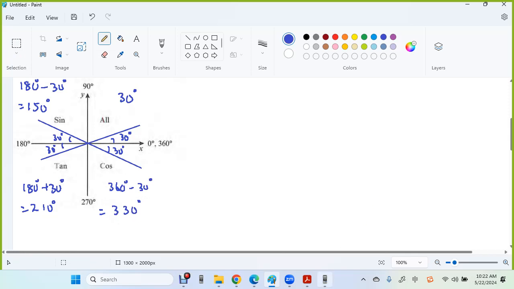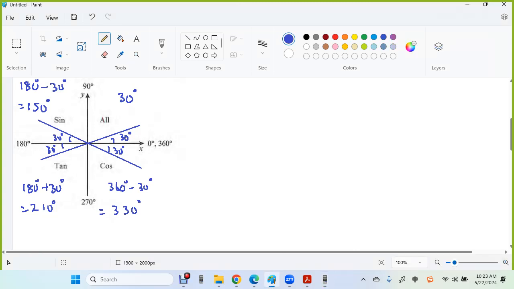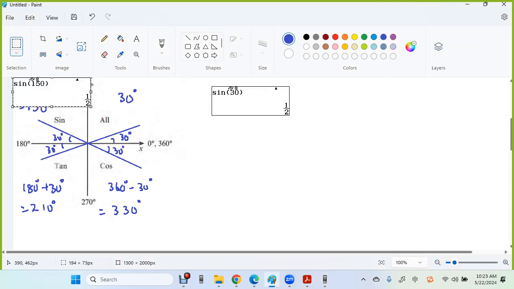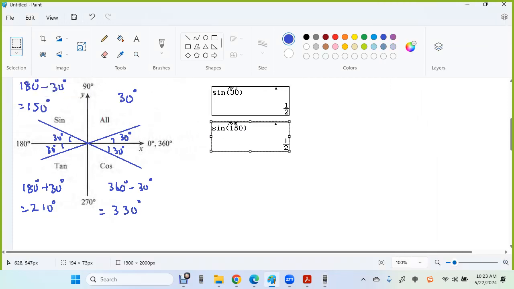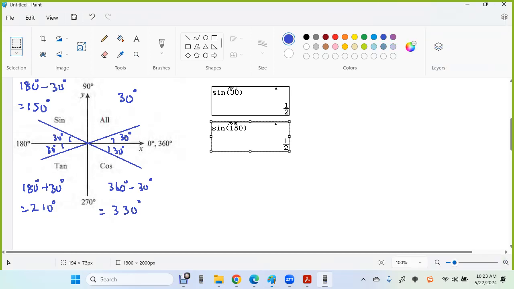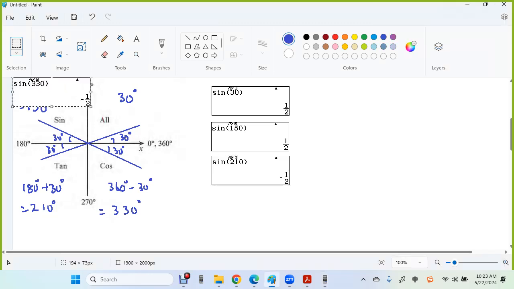So we use the calculator to calculate sine 30. We have half, and then we have sine 150, it is also half, and then we have sine 210 will become negative half, and we have sine 330, then it is negative half.